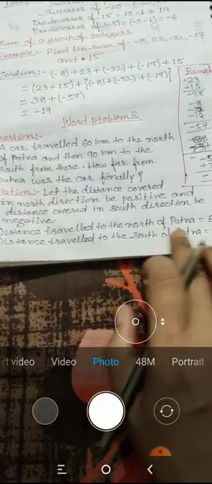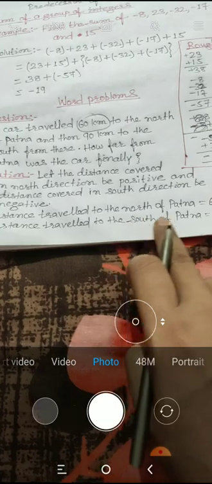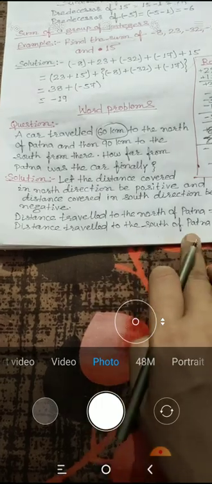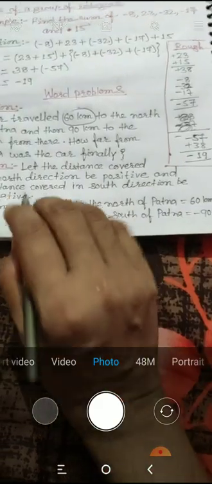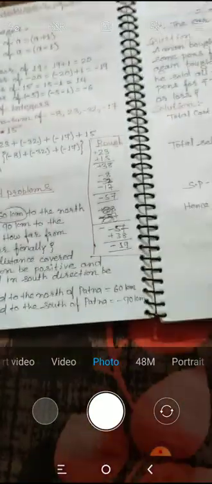According to the question, distance travelled to the north of Patna is 60 kilometer, and distance travelled to the south of Patna is 90 kilometer, so it will be taken as negative, minus 90 kilometer. Why minus 90 kilometer? Because I have already written here that the distance covered in south direction is negative.